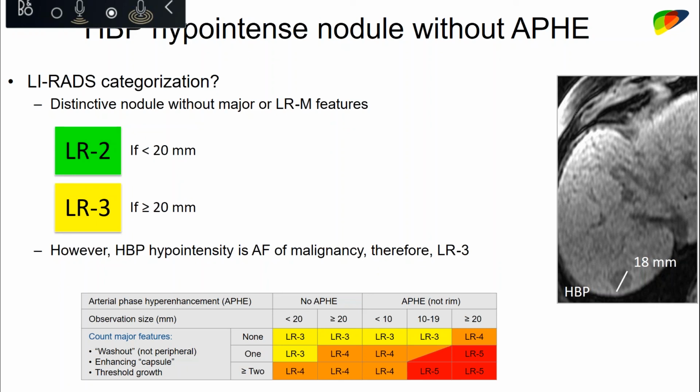Okay, thank you. Yeah, that's a very interesting question, and a very interesting topic. I will say that in the year 2020, no one has yet proven that the detection of these hepatobiliary phase hypointense nodules prolongs life. That's not to say it doesn't. It's very possible that detecting these nodules is clinically important and may actually prolong life, but no one has proven it.